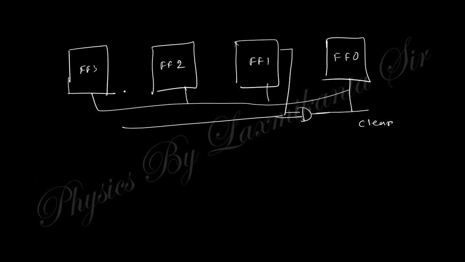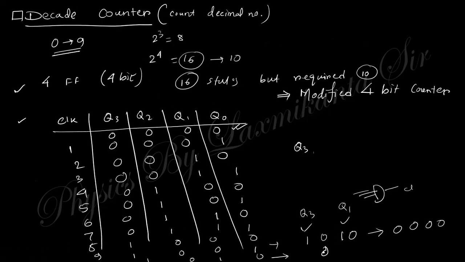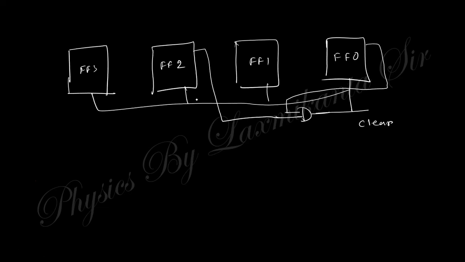Actually Q3 and Q2 is not, actually you need to take Q2 and Q0, right? Because these two are 0. Q2 and Q0 are 0. So you just AND it, and the other things are like that. This is similar, only these things are different.